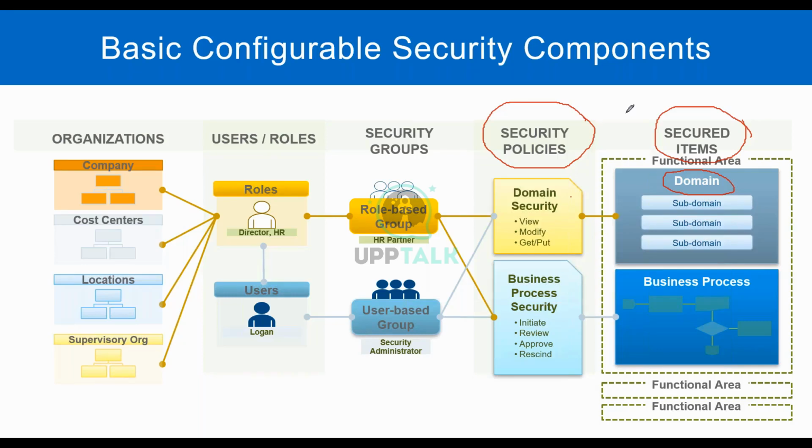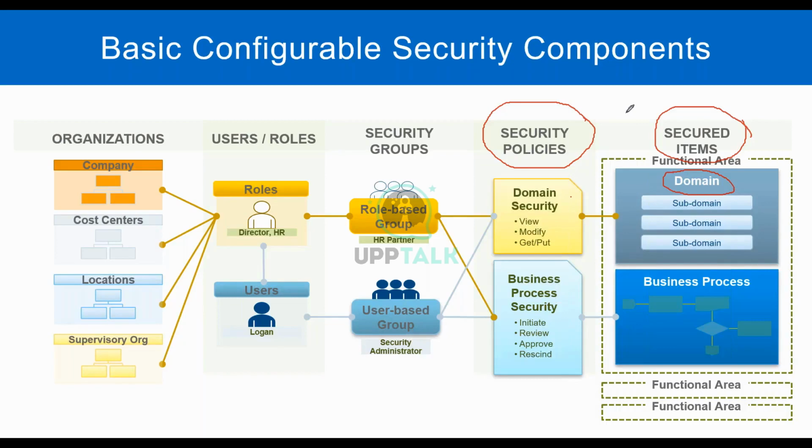So will that role be applicable for a supervisory organization? Or will it be more applicable or more suitable for a company kind of organization? Let's say, an accounting specialist. It is most likely related to a company, right?